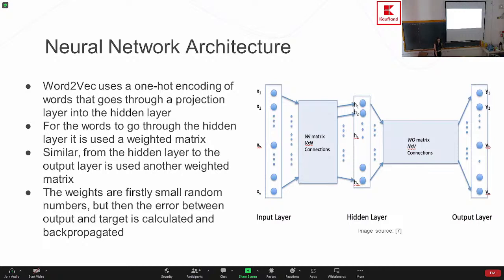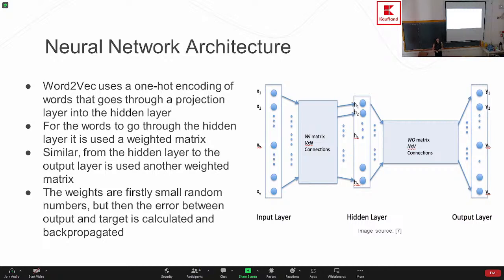The neural network architecture of word2vec can be seen in the picture. Word2vec uses a one-hot encoding of words that go to a projection layer in the hidden layer, and after that in the output layer. For the words to go through the hidden layer, a weighted matrix with V rows and N columns is used, where V is the number of words in the vocabulary and N is the word dimensionality.